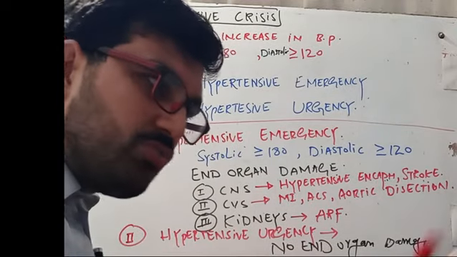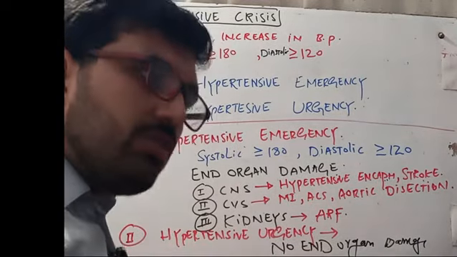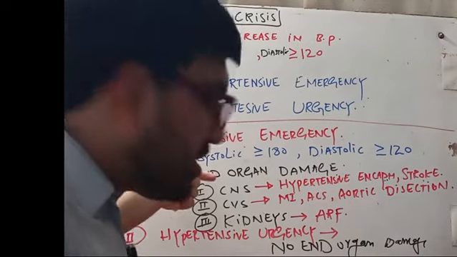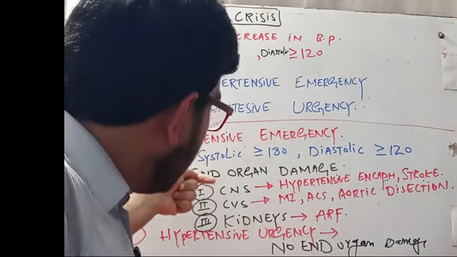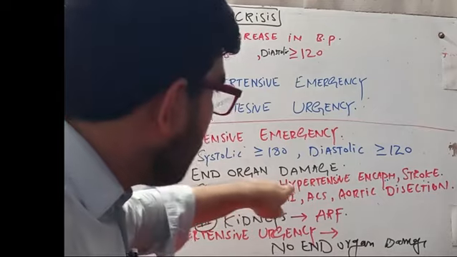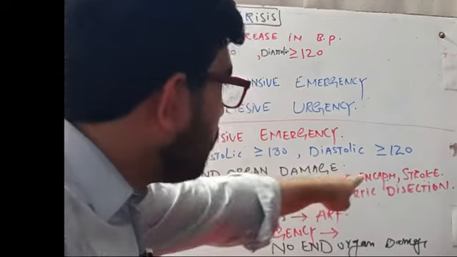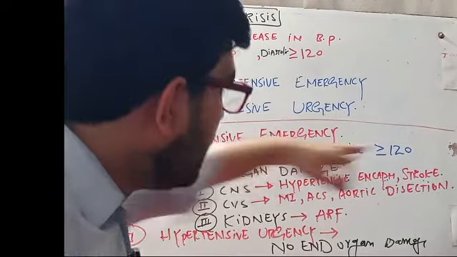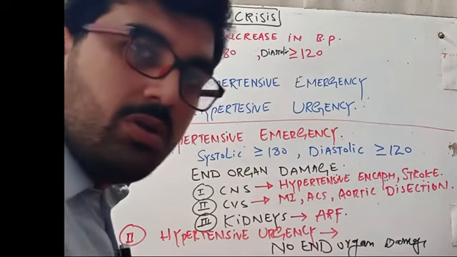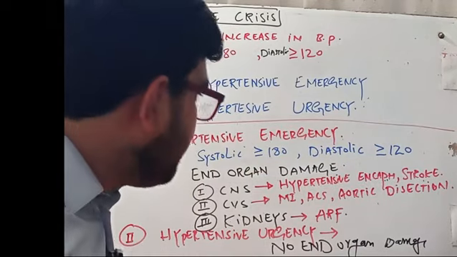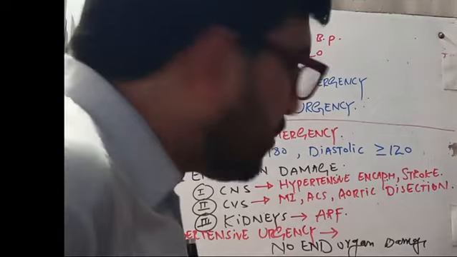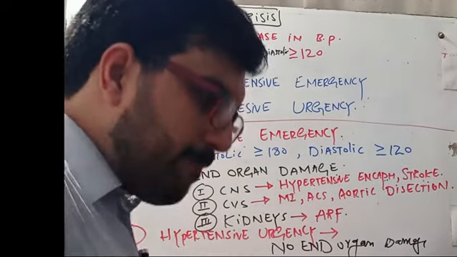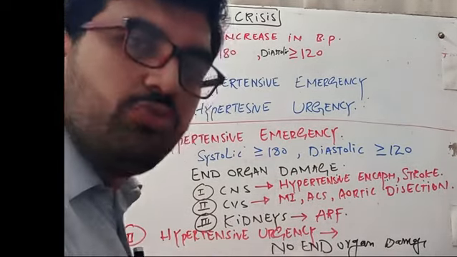So if a patient is brought to you in the ER with the high BP, you must go for these things. In the CNS, you should look for the hypertensive encephalopathy, and the stroke or the intracranial hemorrhage. So the hypertensive encephalopathy, a person is vomiting, person is confused.